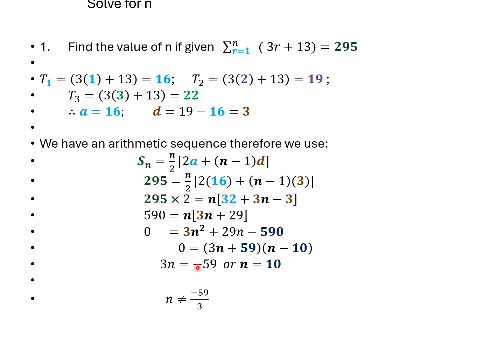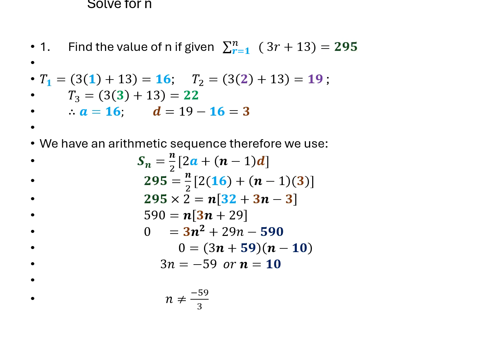So therefore 3n equals negative 59 or n equals 10. Right, n cannot equal negative 59 over 3. Remember, n must be an element of natural numbers. So my answer here is 10. So the sum of 10 terms would give me a value of 295.